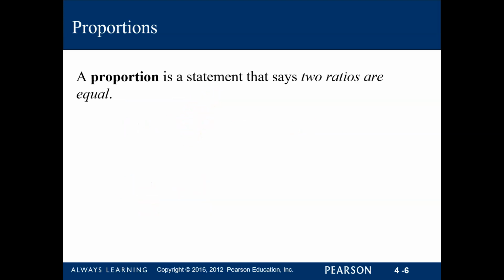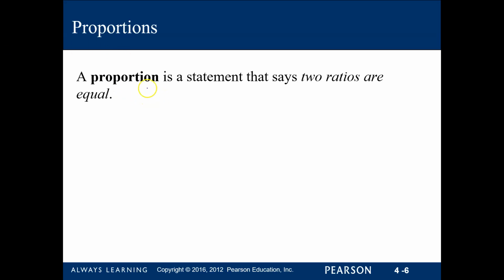All right. A proportion, on the other hand, is a statement that shows two ratios are equal. Just like how we mentioned earlier about ratios, the important part is that the quantities should be in order based on how they were mentioned in the problem.